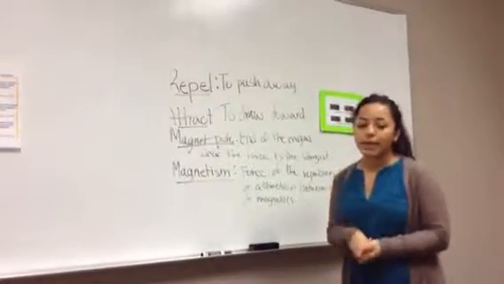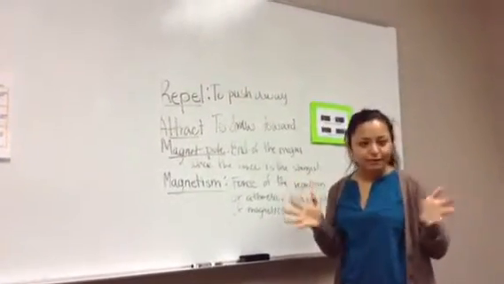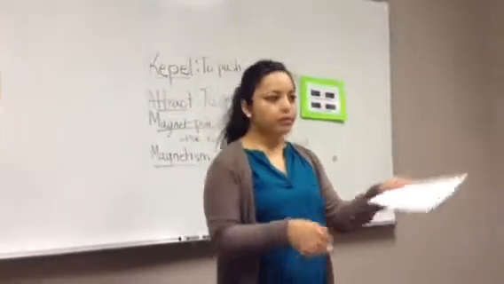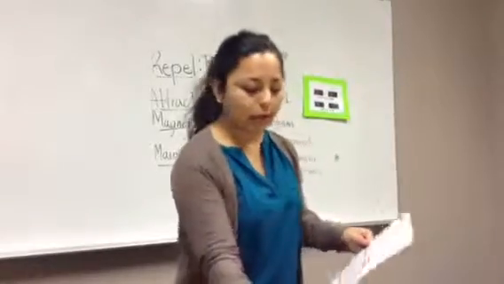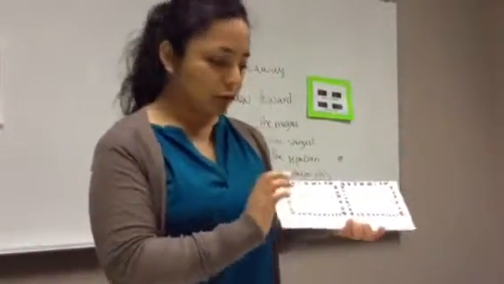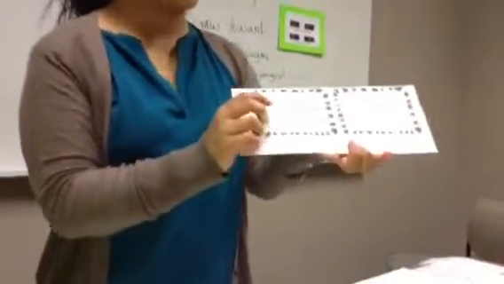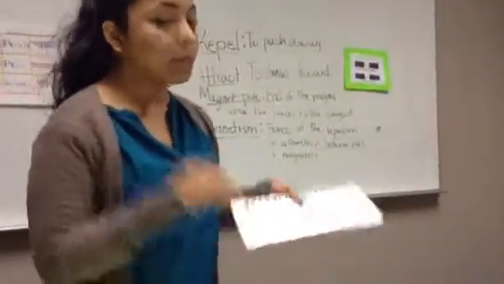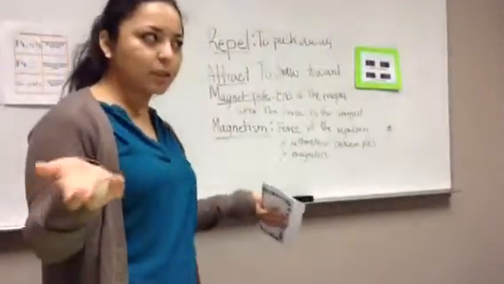now we're going to go ahead and start predicting. Okay, so you have your activity in your groups, so you should go ahead and start looking at it. You're going to be sorting first. So first you're going to sort out the magnetic and the non-magnetic. So you're going to predict for now, because that's what scientists do, right?